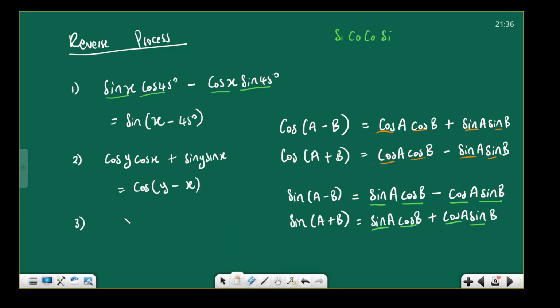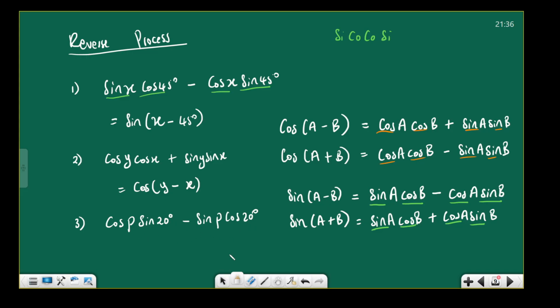What I mean is that you can get something like, let's just say, cos p sine 20 degrees, and then they say minus sine p cos 20 degrees.